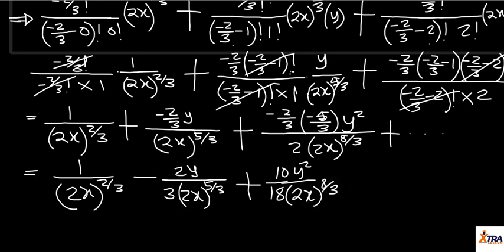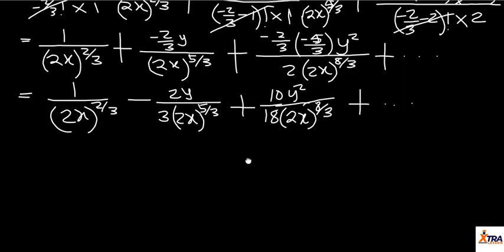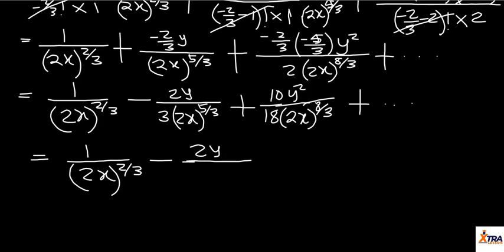So all we are doing here is just basic simplification, manipulating our division and multiplication signs. We can express this as 1 over 2x all raised to the power 2 over 3 minus 2y over 3 into brackets 2x all raised to the power 5 over 3 plus, I can break this down.